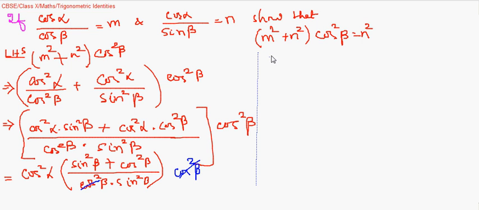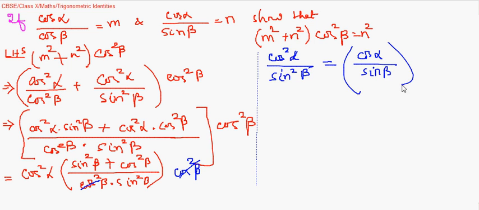So once I write it, it will be cos square alpha by sin square beta. Now cos alpha by sin beta is represented by n, so we can write it as cos alpha by sin beta whole square. So this is n square. Isn't that pretty simple for you?